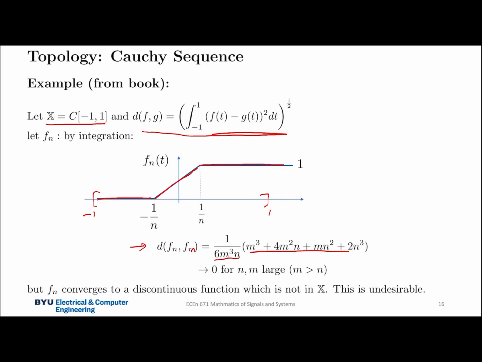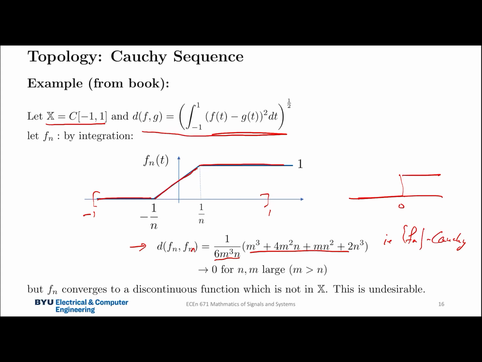So for any epsilon, you can pick a capital N, so that when m and n are bigger than that, this is less than epsilon. So it is a Cauchy sequence, i.e., F_n is Cauchy. Okay? But clearly the thing it converges to is going to be a discontinuous function. It's going to converge to something that looks like this right at 0.